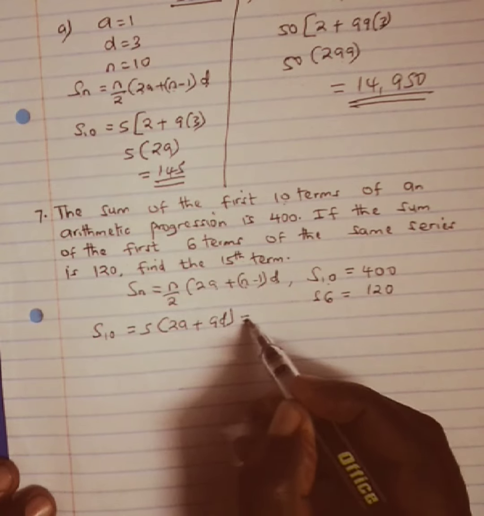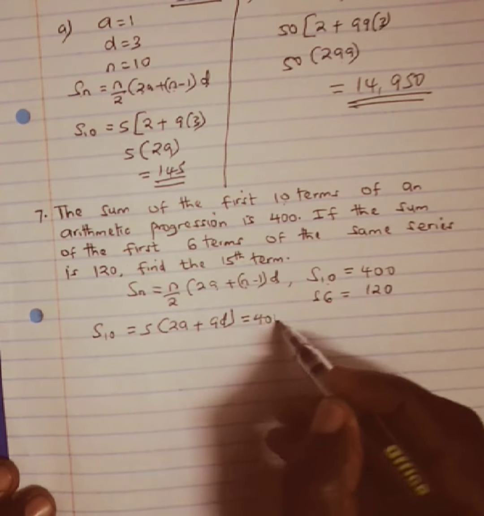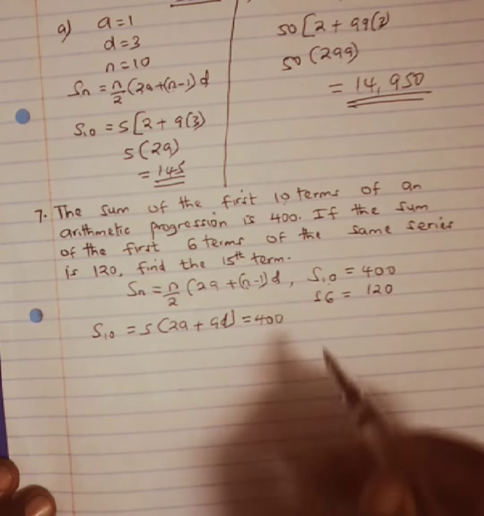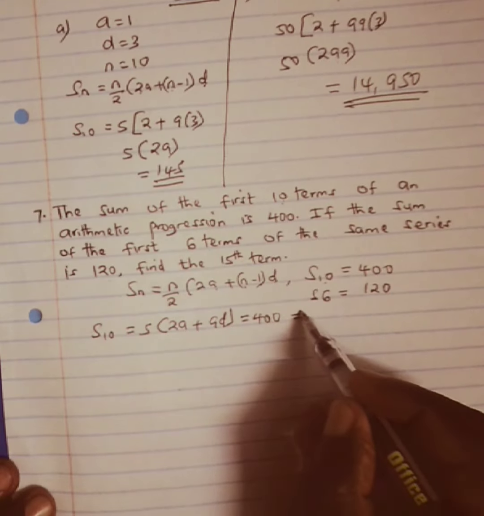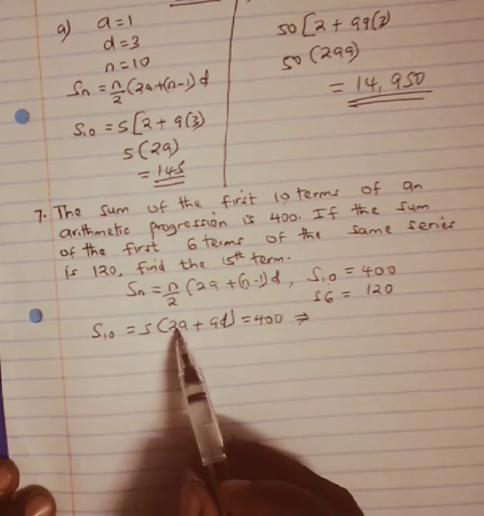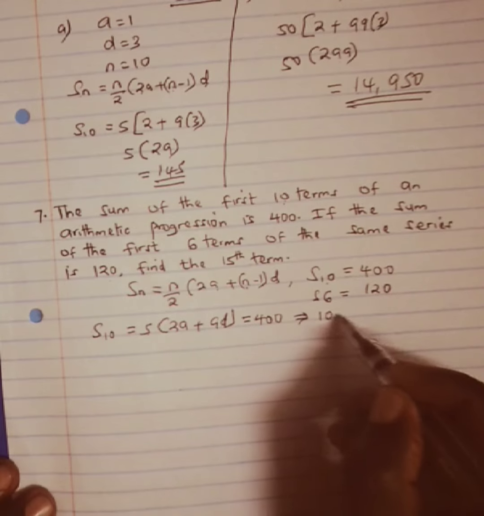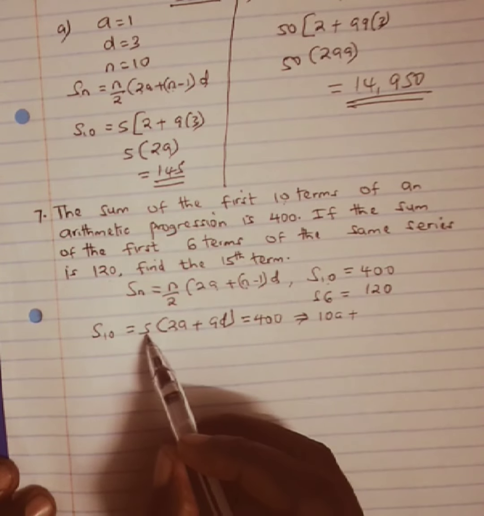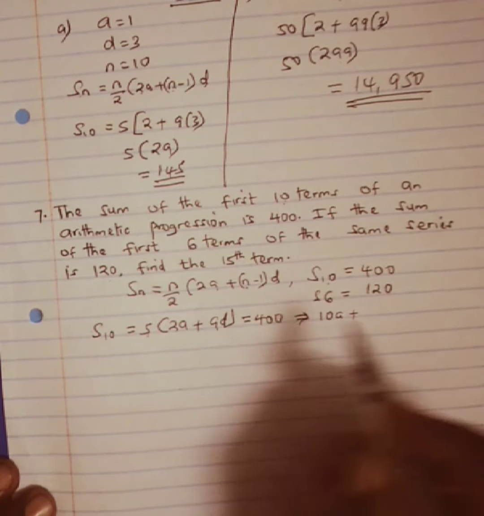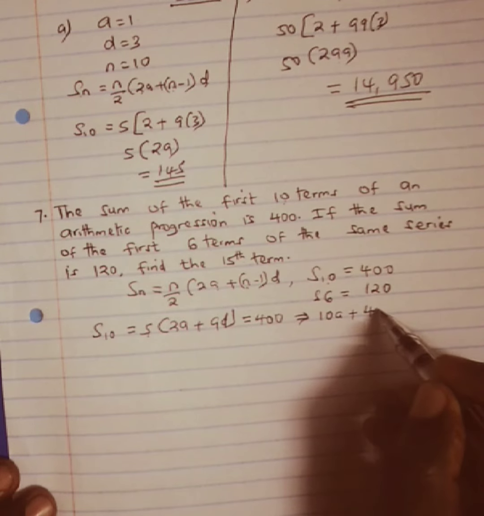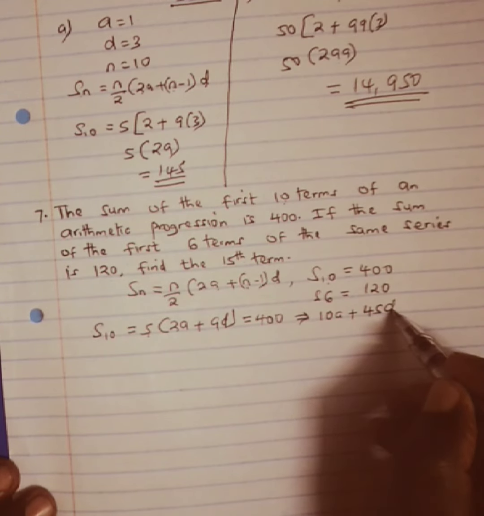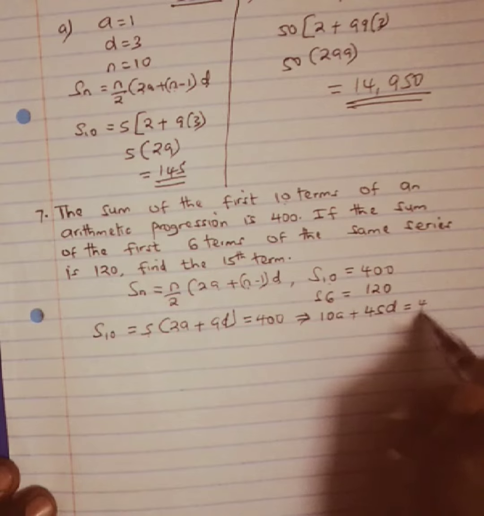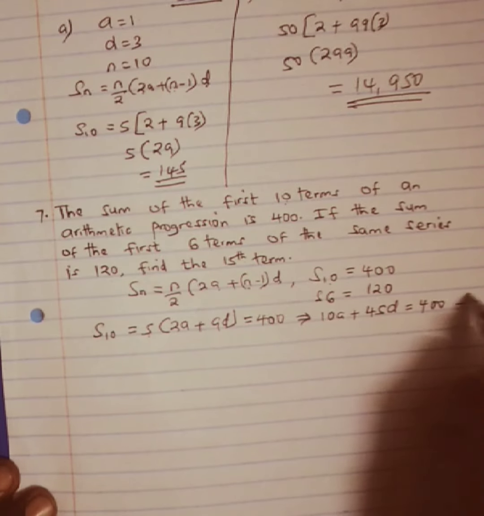And this one is going to be equal to 400. So if you move down, we are going to have 5 times 2a giving us 10a plus 5 times 9d giving us 45d, and this one is going to be equal to 400 as our equation number 1.